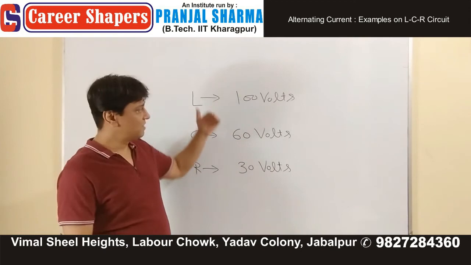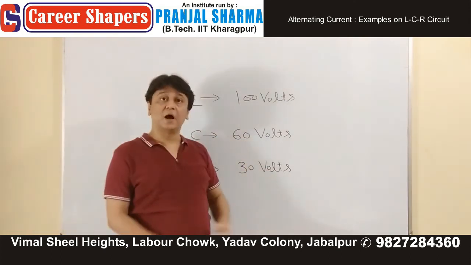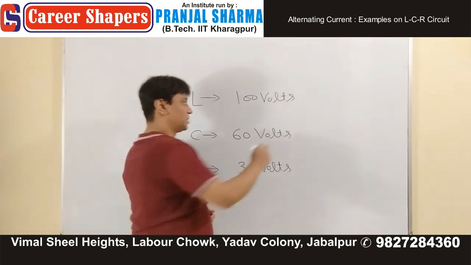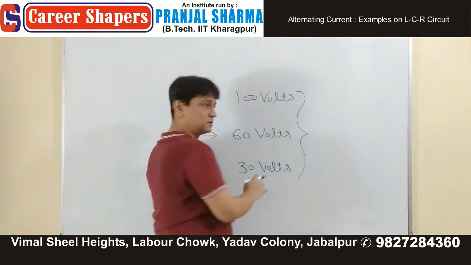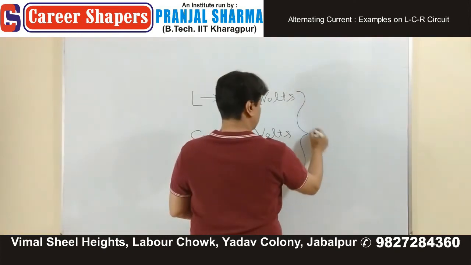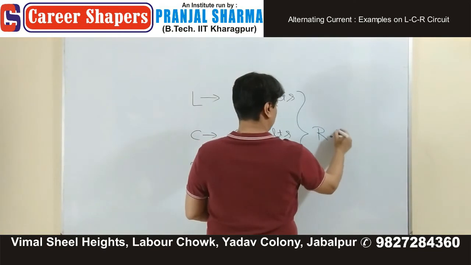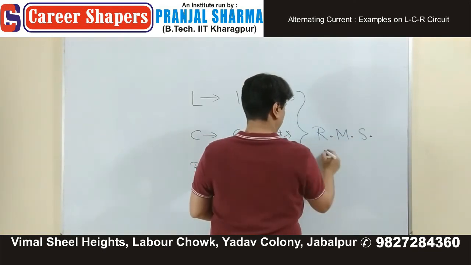Convention is that whenever a question gives you values like this and nothing is mentioned, remember these are root mean square values.